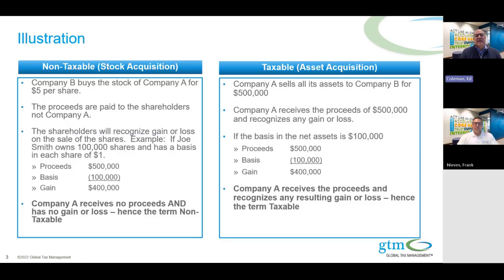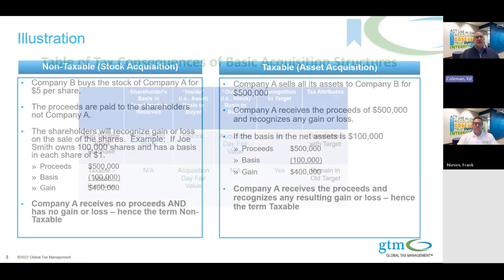And obviously, it doesn't need to be all of its assets each time. It could be a subset of its assets. In this example, for simplicity, we're saying all the assets. And then once the gain happens and there's tax at the company level, company A gets the proceeds, the resulting gain or loss, and then it's taxable, and then it goes out to the shareholder.